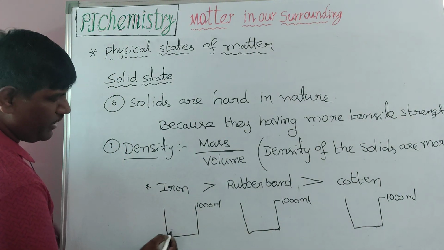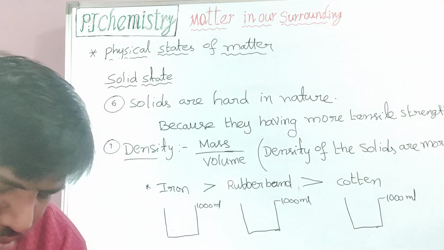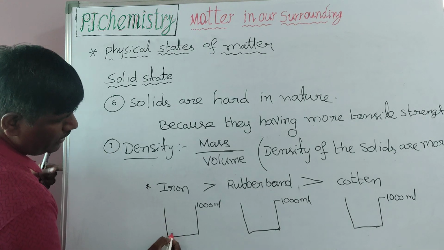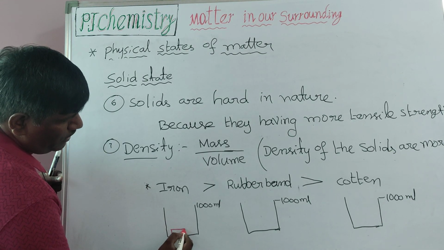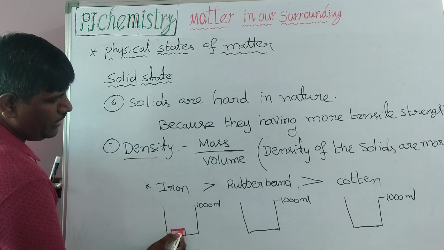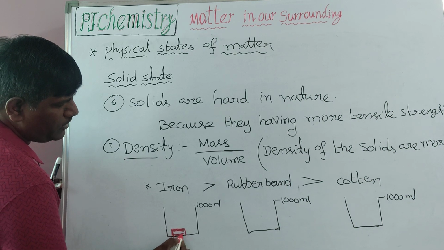10 grams of iron occupies very little volume. When I place the 10 grams of iron into this container, it occupies only this much volume, because its particles are tightly packed and there is no space between them.